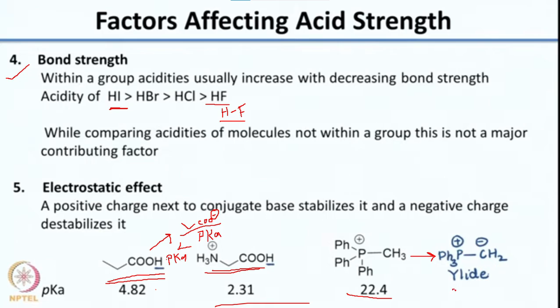So this is more stable compared to this one. So that's why the reaction will take place in the forward direction, right? This positive charge stabilizes the conjugate base. That's why it is more stable, and the pK value of this one will be lower compared to this one.